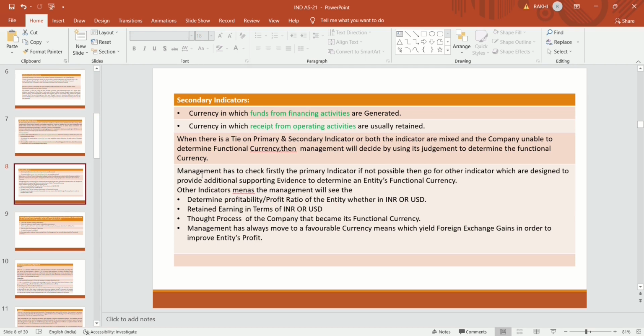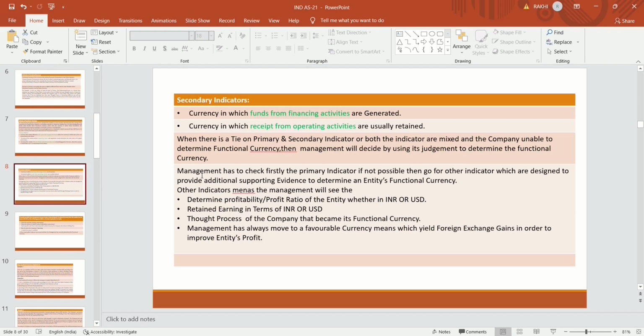The debtors and creditors differentiation, in which currency these kinds of transactions are operated, and in which currency the operating cash flows are retained, is also an important indicator to find out the functional currency. So these are the indicators.